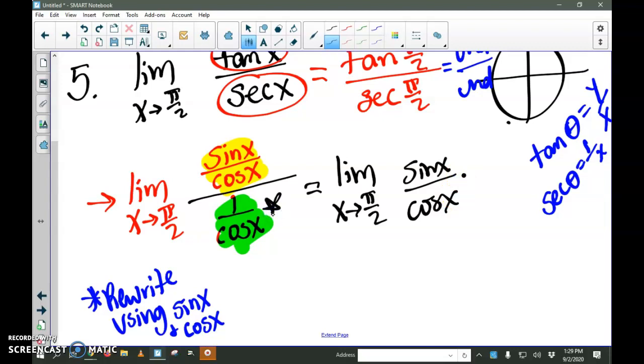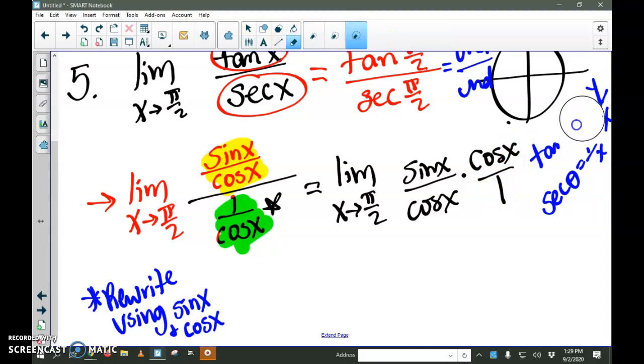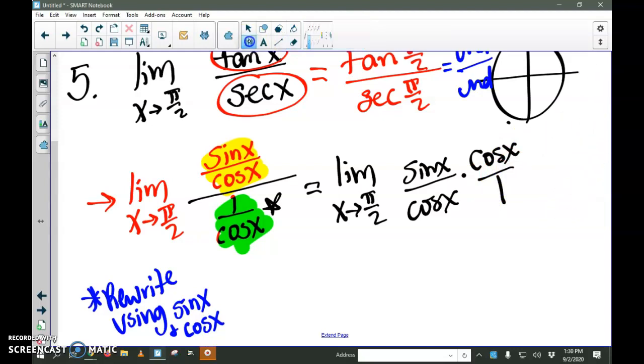So dividing by a term is the same as multiplying by the reciprocal of that term. Okay? Dividing by a term is the same as multiplying by the reciprocal of that term.